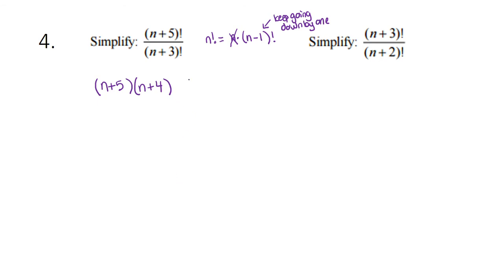Then the next one's going to be n plus 3. And I'm not going to keep going down by 1 because we're going to use our new trick that we learned, which is, since I already have this in the denominator, I'm just going to reduce. And that's it. That's my answer to number 4.